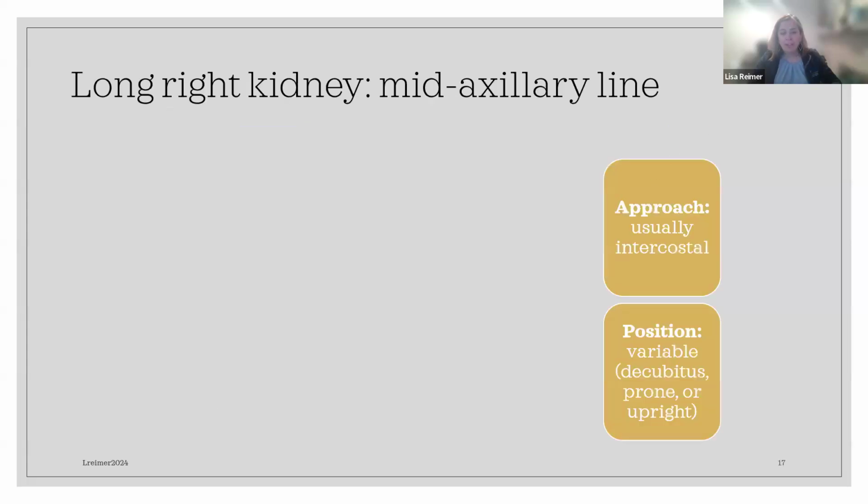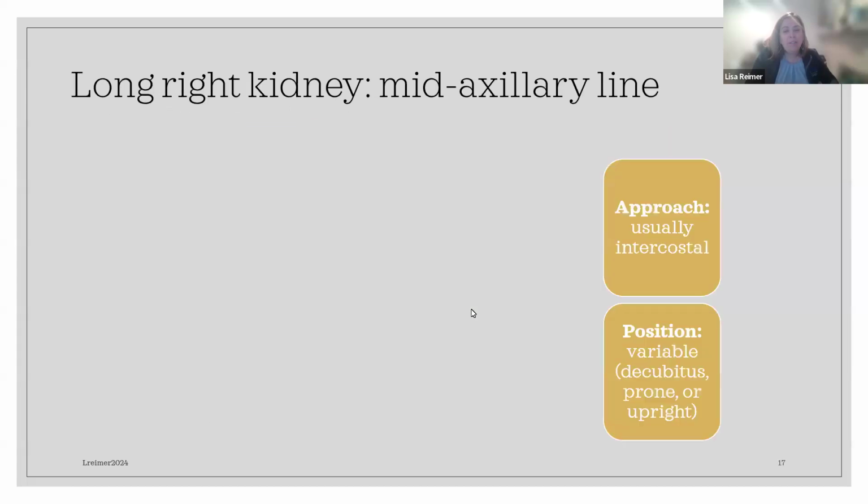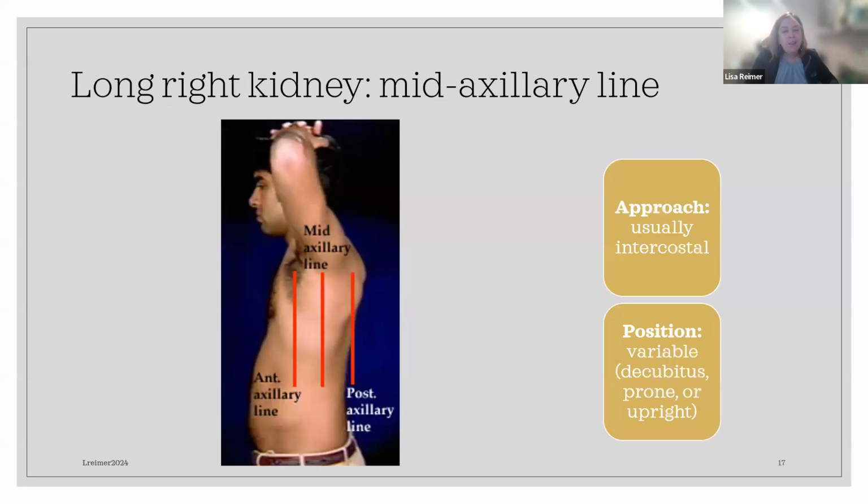So we're going to look at the right kidney in longitudinal. We're going to go intercostal through that mid-axillary line. There is the mid-axillary line. So just from the armpit down, you're going to find that 10th to 11th rib space just below or just inferior to the liver.